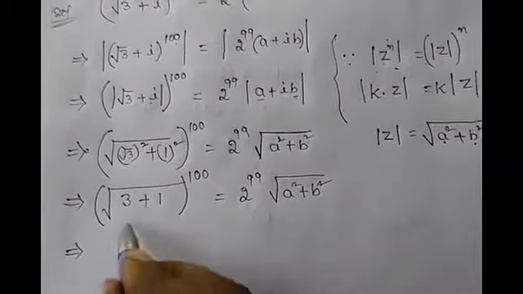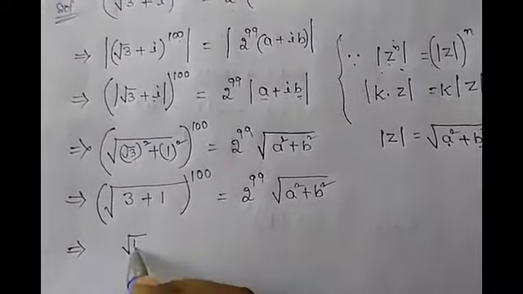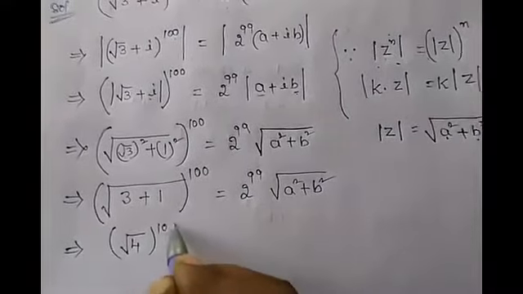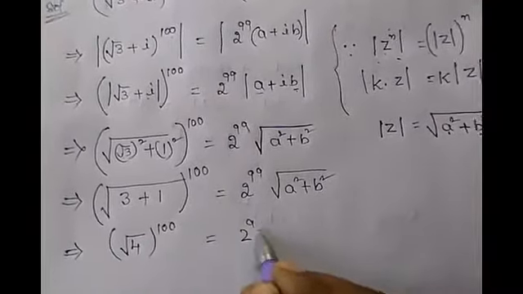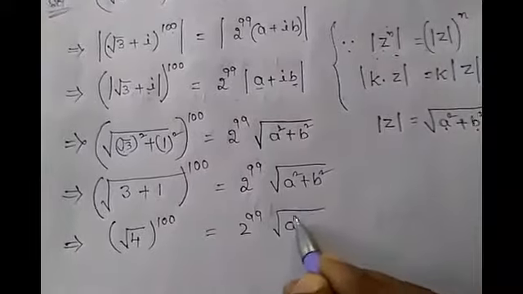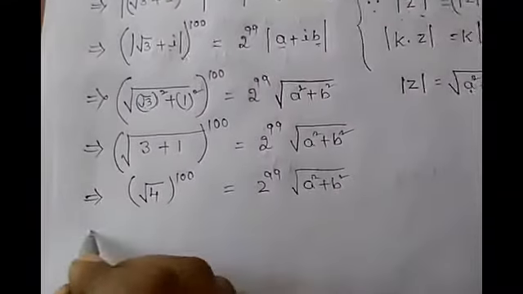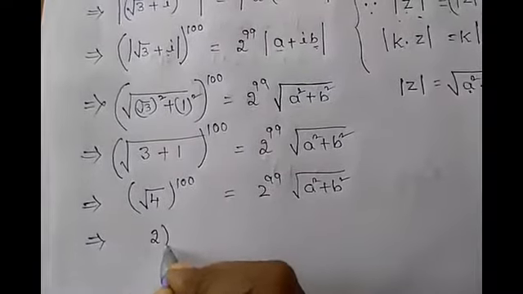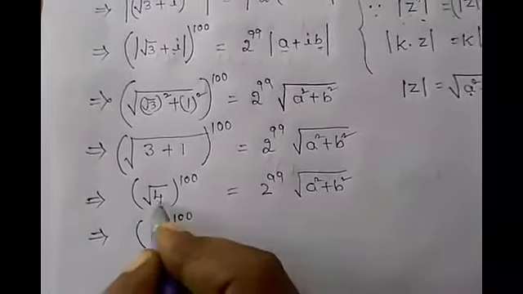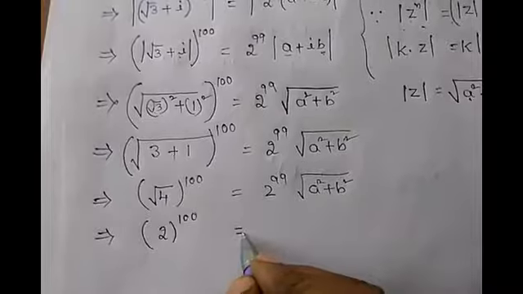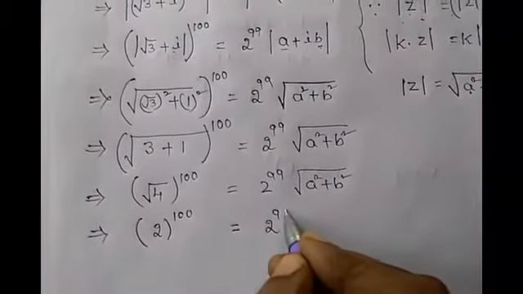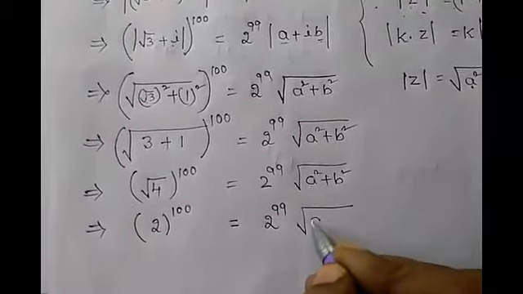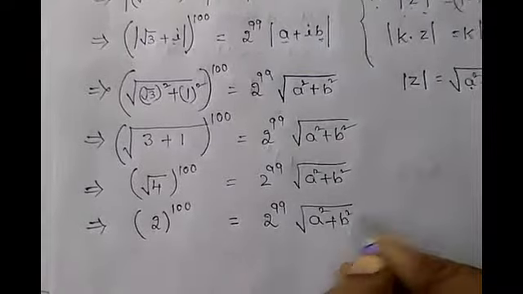That is equal to square root of 4 whole power 100, which is equal to 2 power 99 square root of a square plus b square. Which implies square root of 4 gives what? 2. So 2 power 100 is equal to 2 power 99 into square root of a square plus b square.